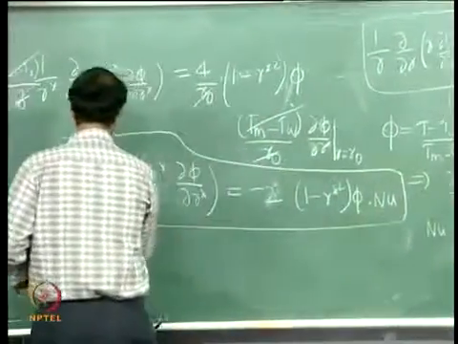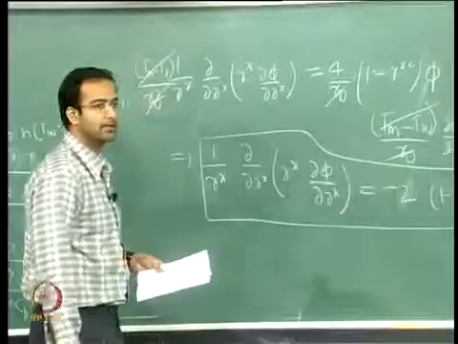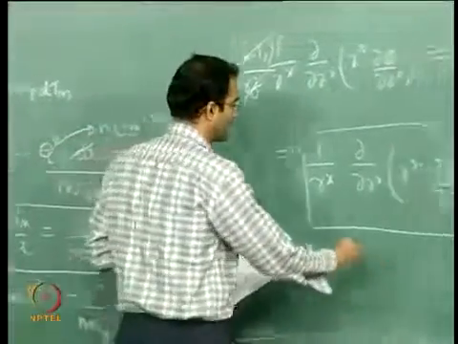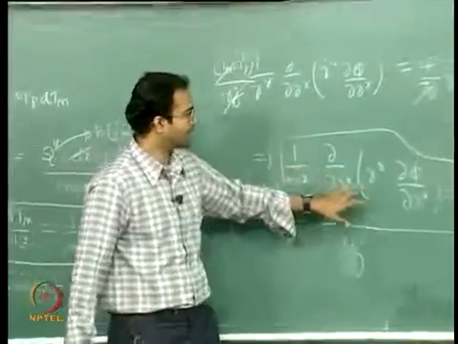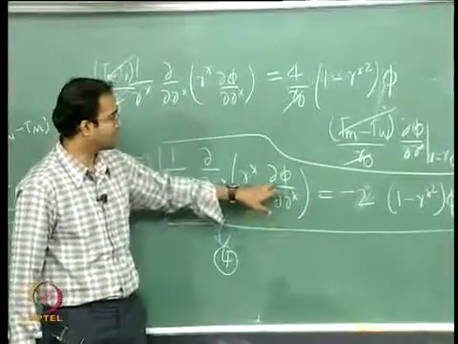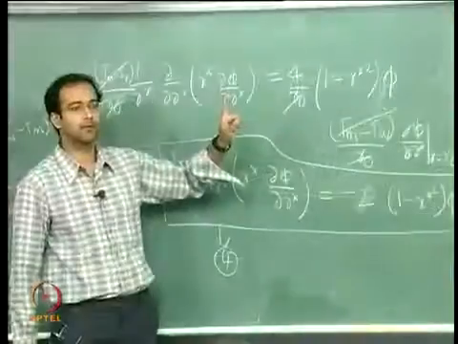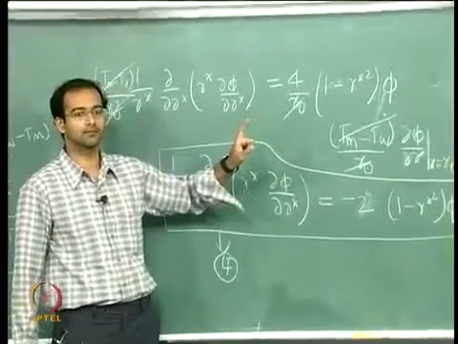So this is my final expression, and you see this has reduced to an ODE now. I will call this number 4. This entire expression is now a function of phi, and remember, phi is a function of only r.